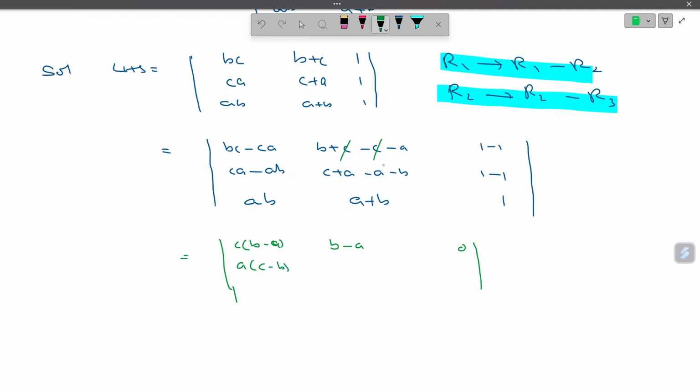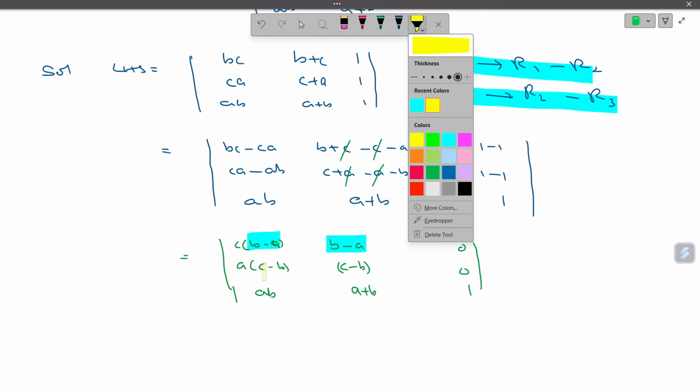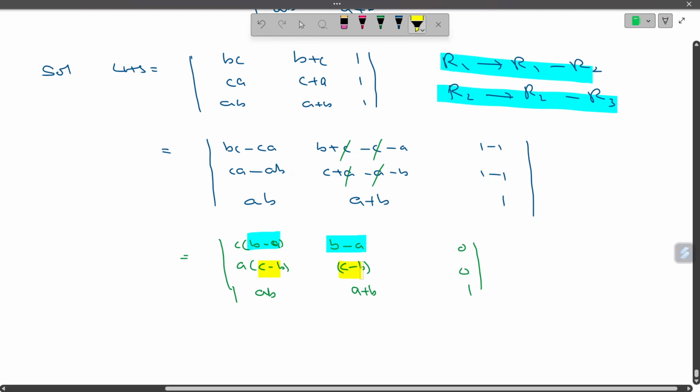So C minus B, A getting cancelled, C minus B. 1 minus 1 is 0. This is AB, A plus B, 1. See here, please. From here, B minus A I can take common. From here, C minus B I can take common.